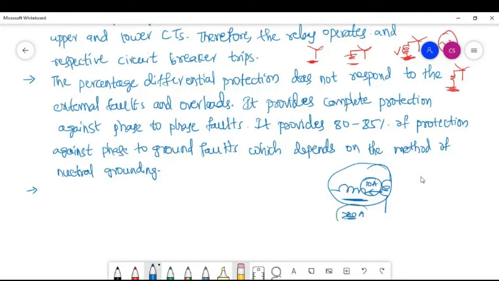If you are not providing any setting, then the relay is going to operate even if the current is 2 amperes or 3 amperes. So that is nothing but settings. We give a setting for the operating coil as well as for the restraining coil.